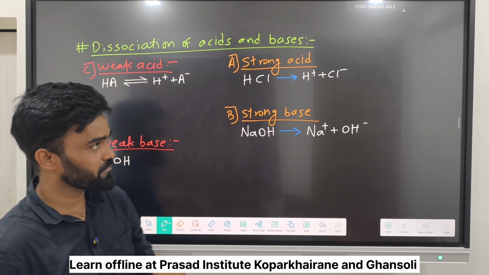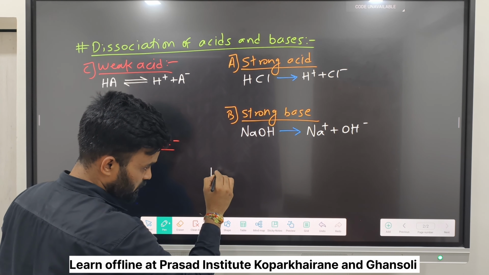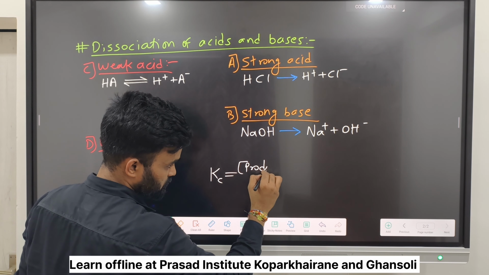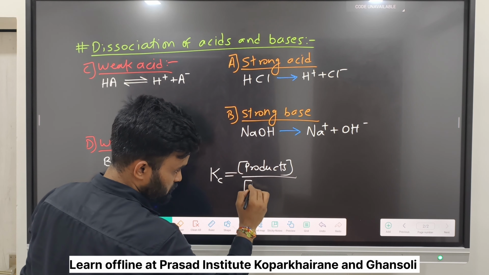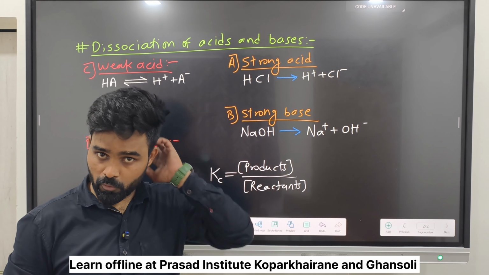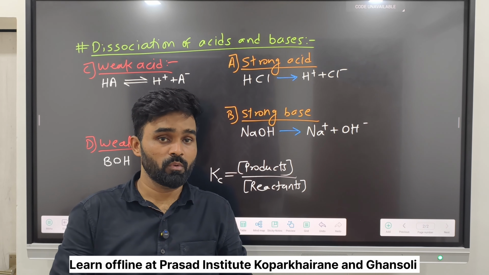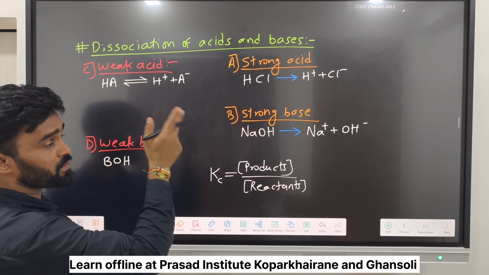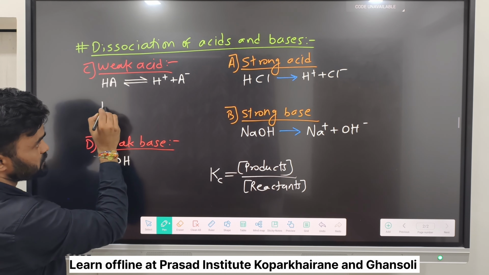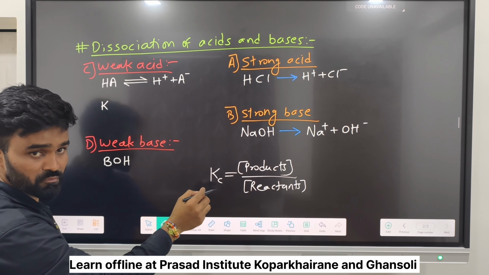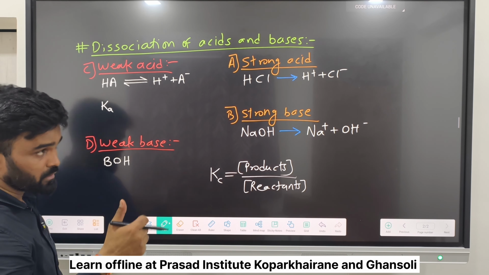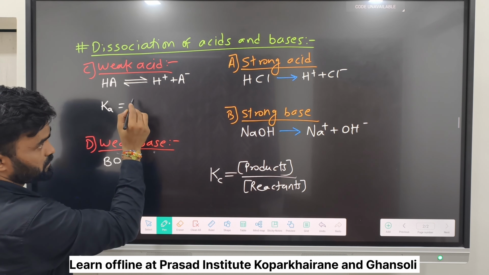The equilibrium constant Kc is the concentration of products upon concentration of reactants. Here the products are H plus and A minus, and the reactant is HA. Here we write Kc for concentration, but for acid I am writing Ka, the dissociation constant of acid.